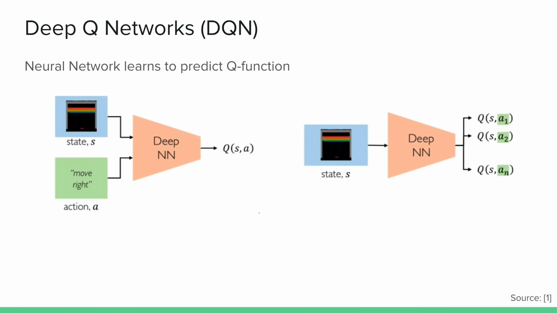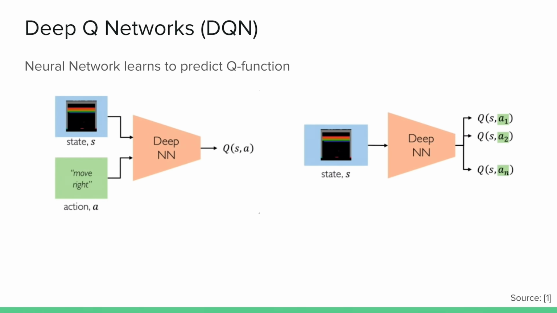Therefore, we only have to run through our model once. One thing that you'll realize here is that this only works if we have a discrete set of actions that we can potentially take. So how do we learn this thing?